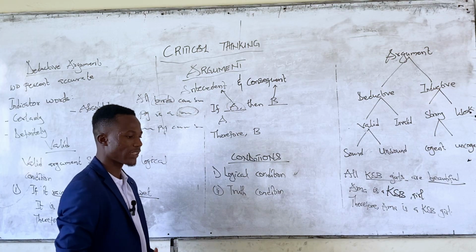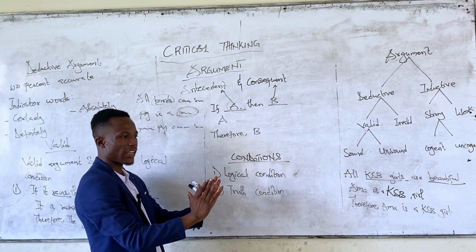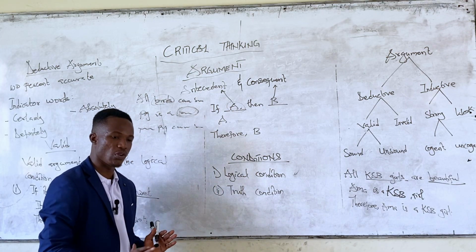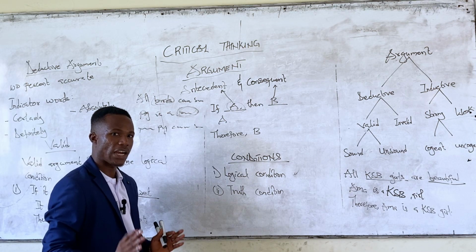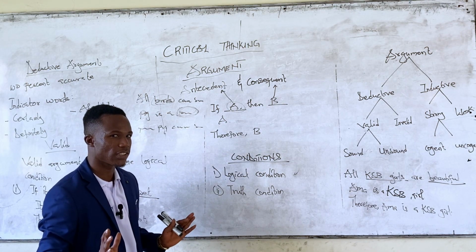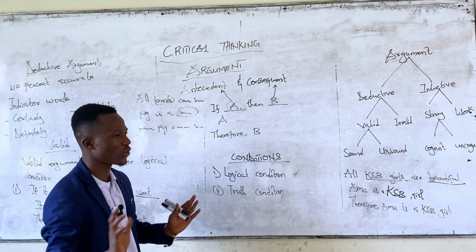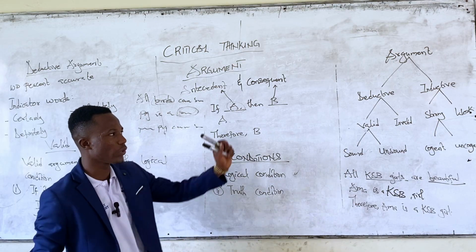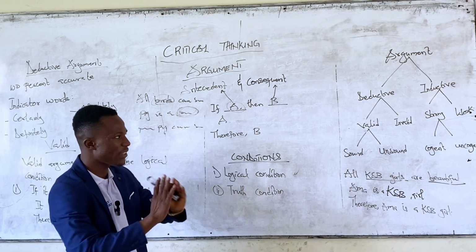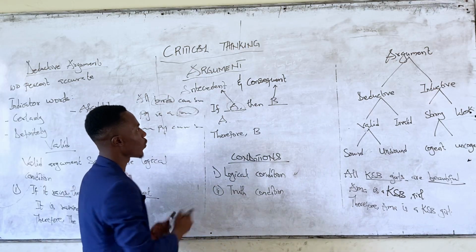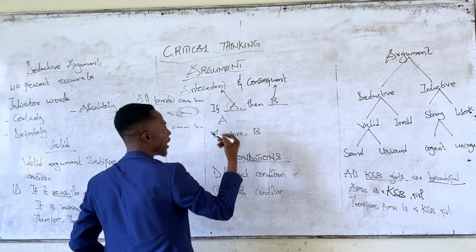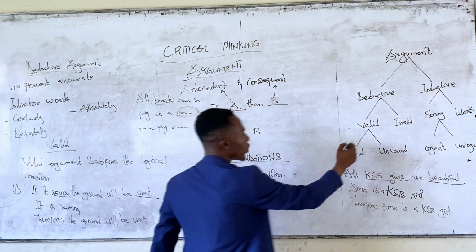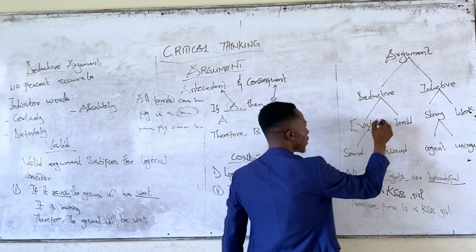So you can't tell me that now B is here, so therefore A will follow. That one is what? Invalid. I hope you get it. That is not even a probability for us to regard it as inductive. That is totally invalid. So once you bring the B here and you bring the A here, it is making it invalid.